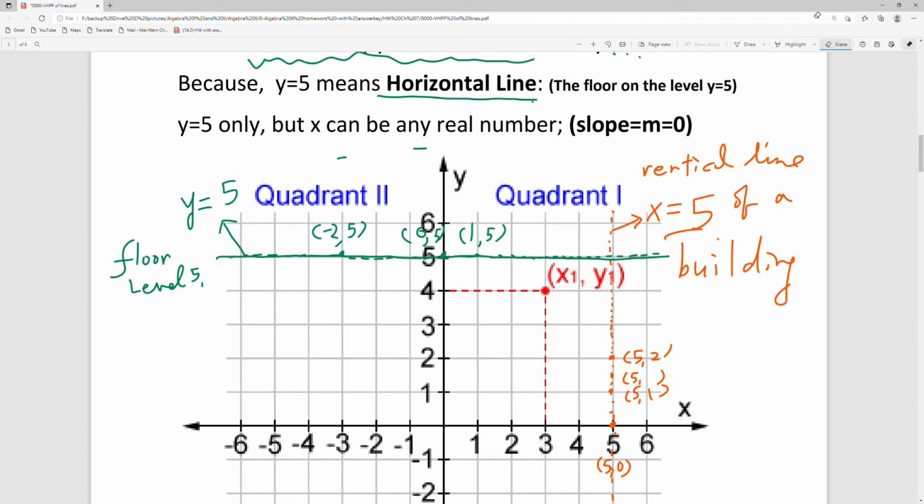So first, when y equals 5, that's the green color. When y equals 5 only, but x can be any real number, then you have a horizontal line. So that means slope equals 0. This one is no problem.